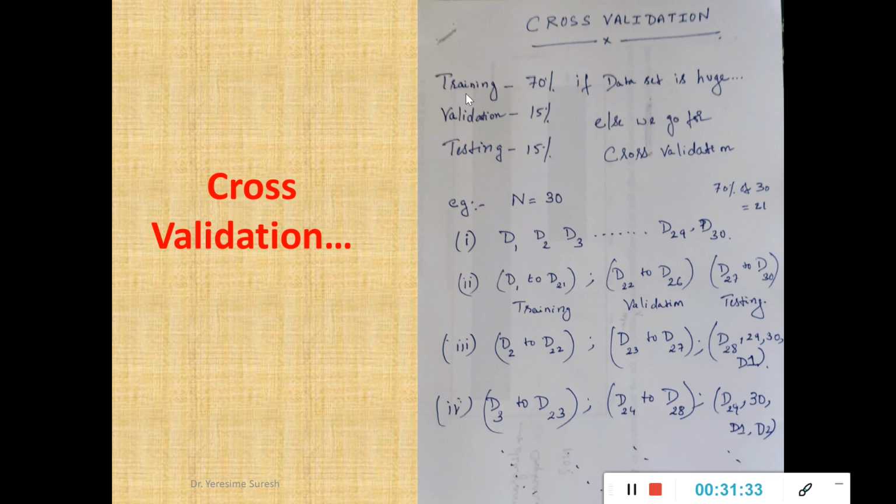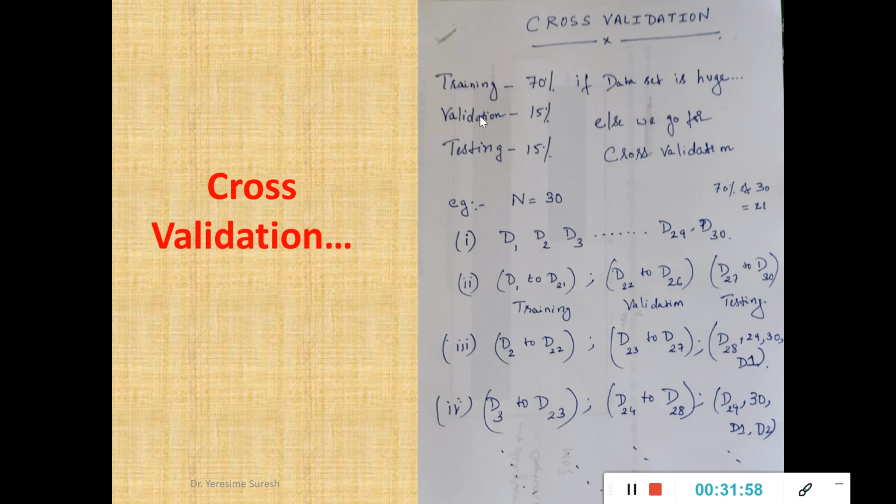We will discuss. In general, when I am designing a classification model, out of the n number of instances available in my data set, I will use 70% for training, 15% for validation, and the remaining 15% for testing. This splitting will hold good if the number of instances is greater than 30.